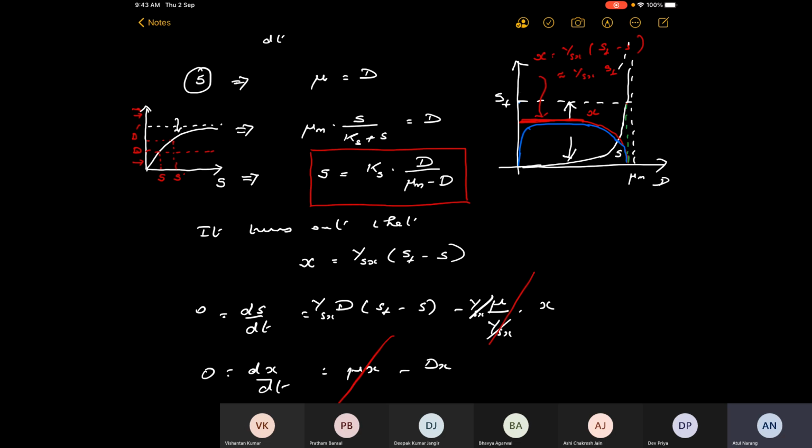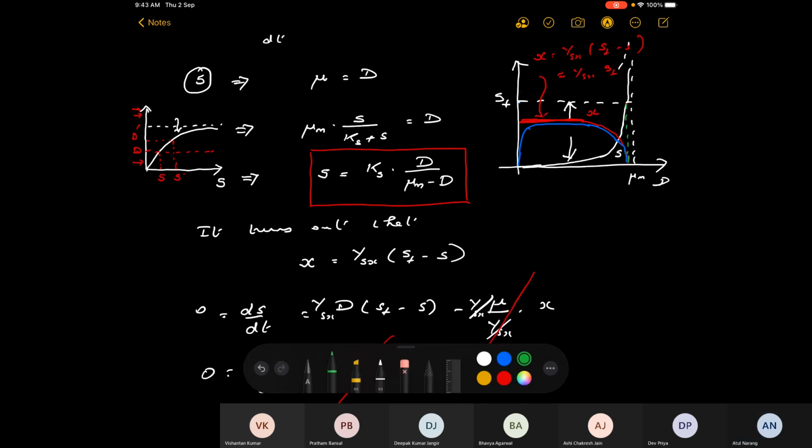Ultimately the steady state concentration of the substrate is coming by solving this equation: mu m multiplied by S over Ks plus S equals D, which basically says that the specific growth rate has to be equal to the dilution rate. And if you remember, this relationship ultimately comes from the fact that the rate at which the cells are growing is equal to the rate at which the cells are coming out of the reactor.